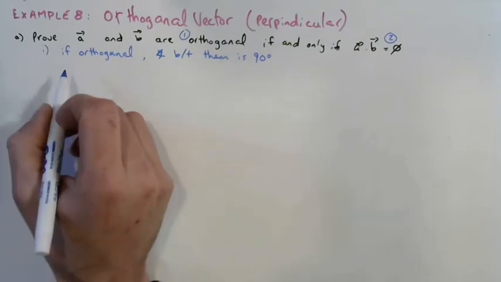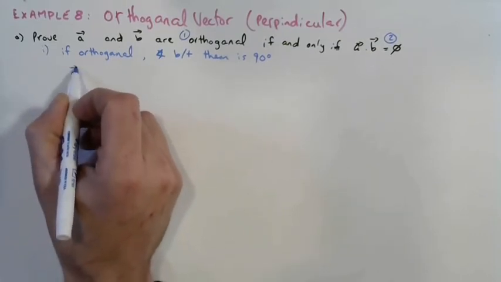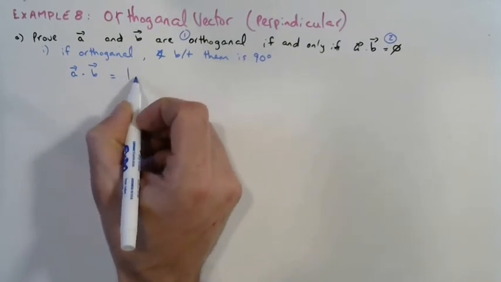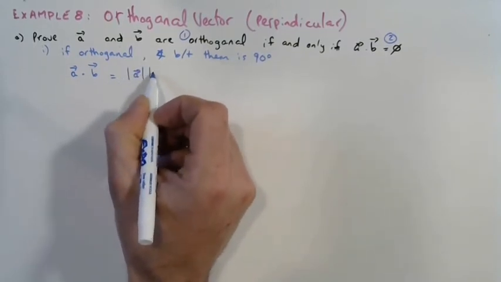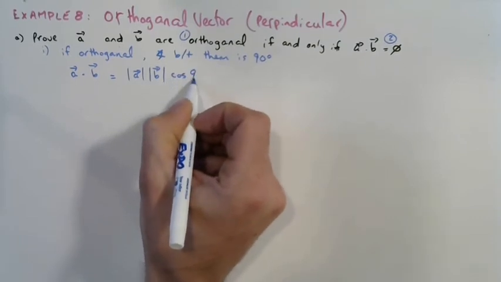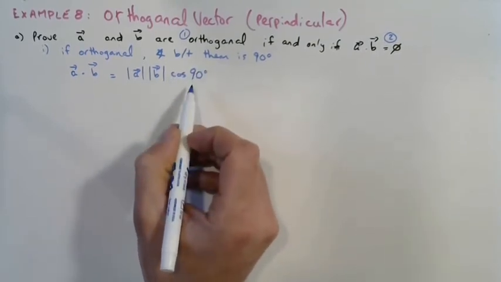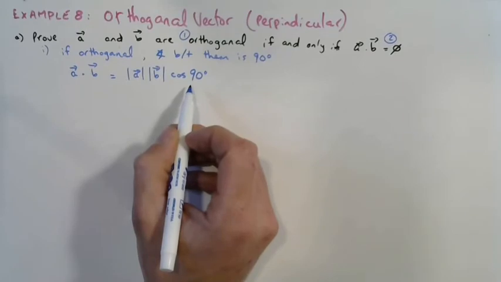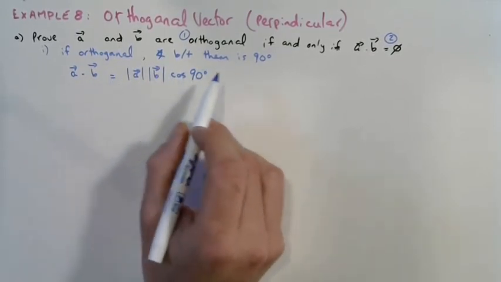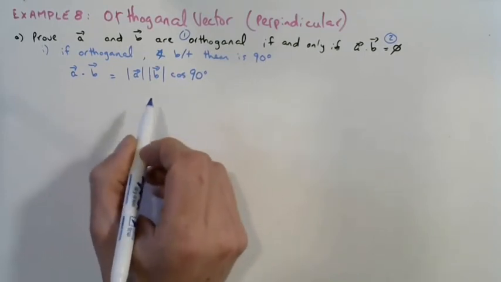Okay, we have our formula for the dot product. It's the magnitude of A times the magnitude of B times the cosine of the angle in between them. Now if they are orthogonal, the angle between them is 90, so that's there.